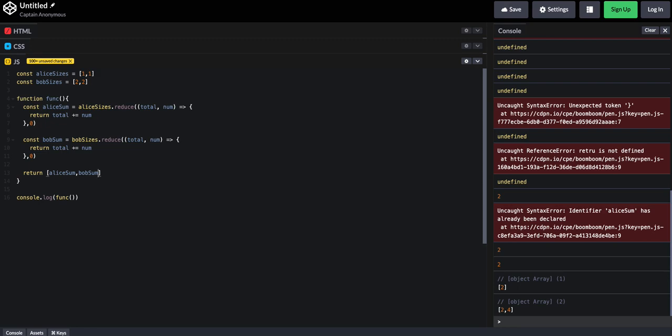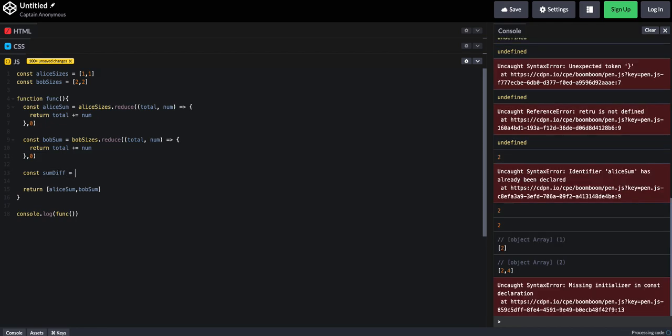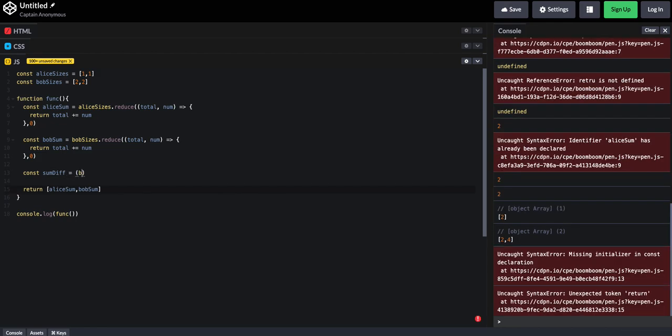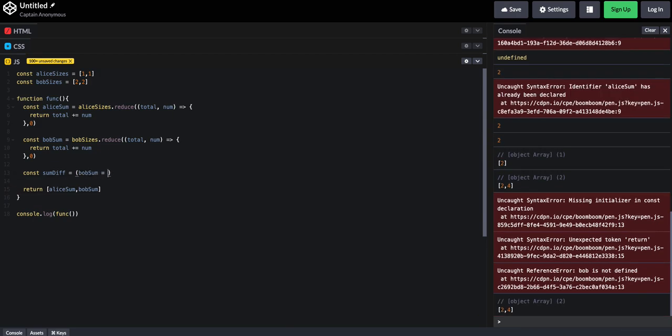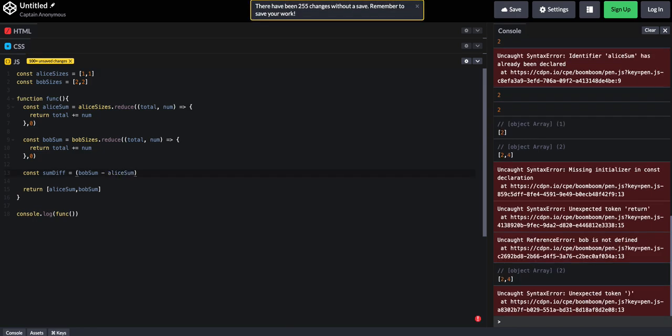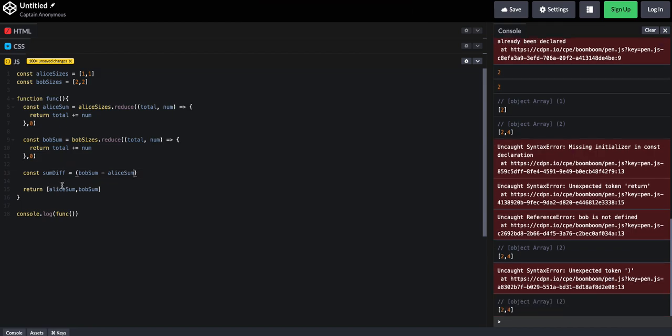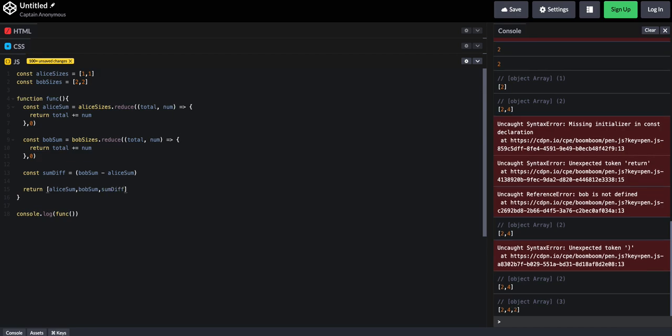Okay. So the next thing we're going to do is find the difference between those sums. Good. But what we actually want to do is divide that by 2.